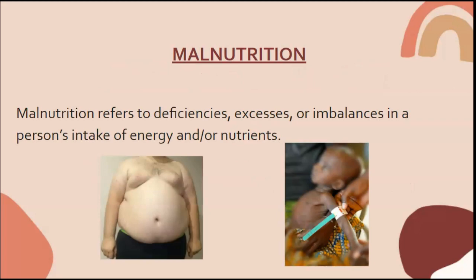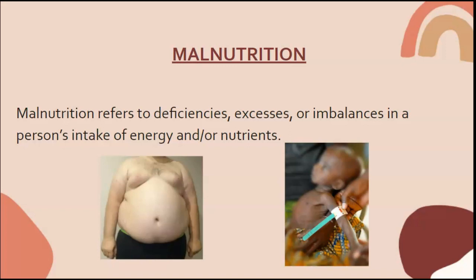When we speak about malnutrition, we refer to deficiencies, excesses, or imbalances in a person's intake of energy and or nutrients. So in the case of malnutrition, it's not only the deficiency of nutrients.